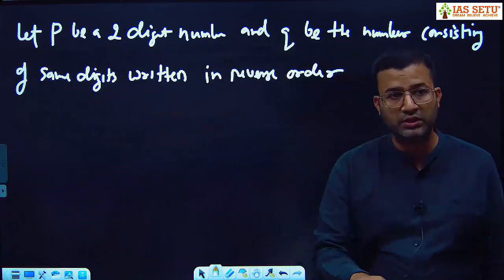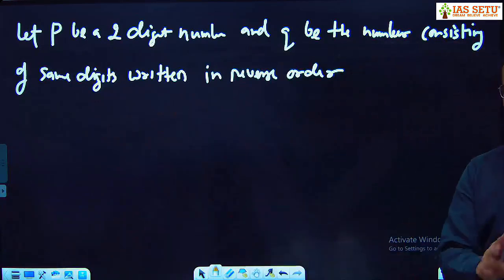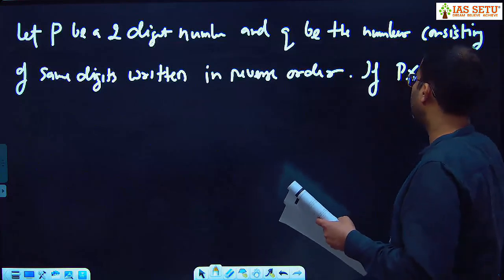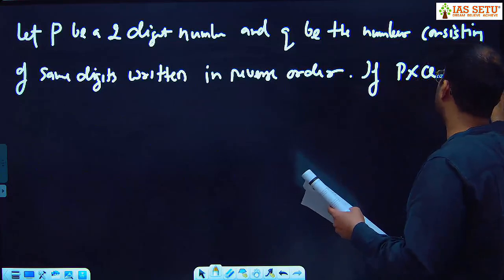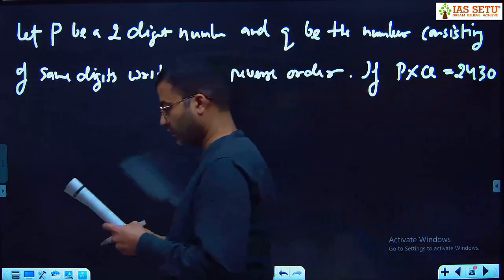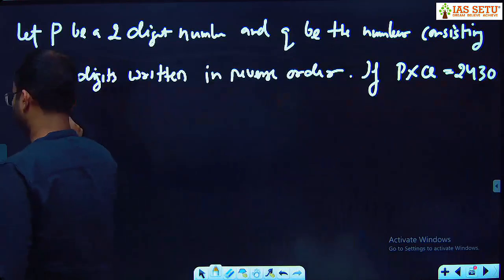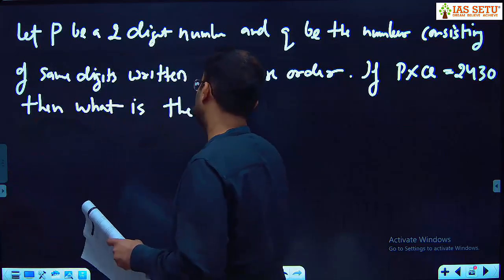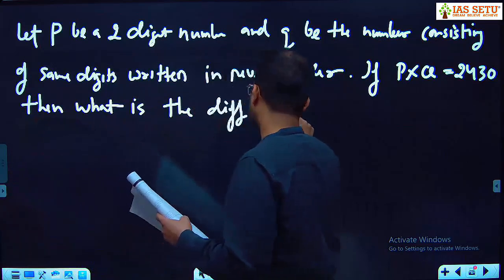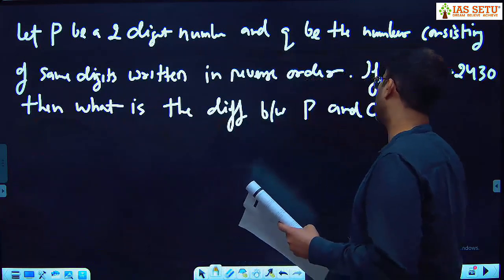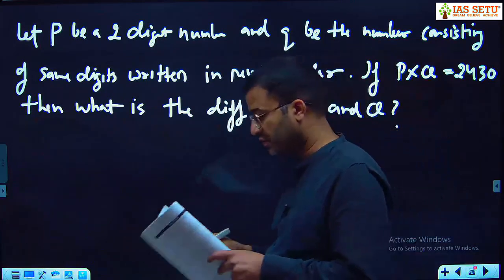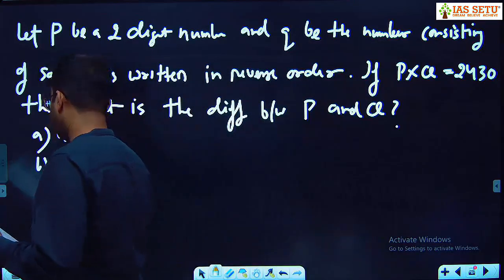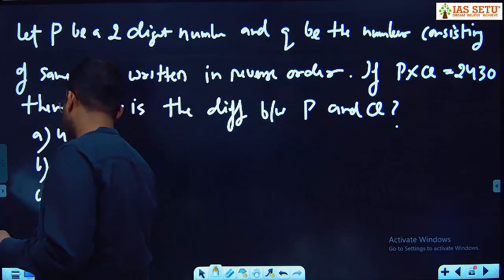We have taken two digit, we reverse, that is Q. We reverse the digit. If P into Q is equal to 2430, then what is the difference between P and Q? Answer options given: 45, 18, 27, 9.